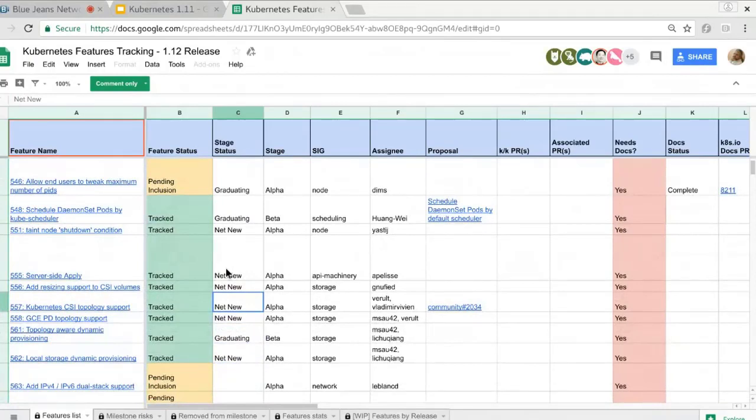So improvements around CSI, being able to do things like having topology support. So building in the constructs of am I in a certain region? Am I in a certain zone? It's building the ability to be data center and rack aware.